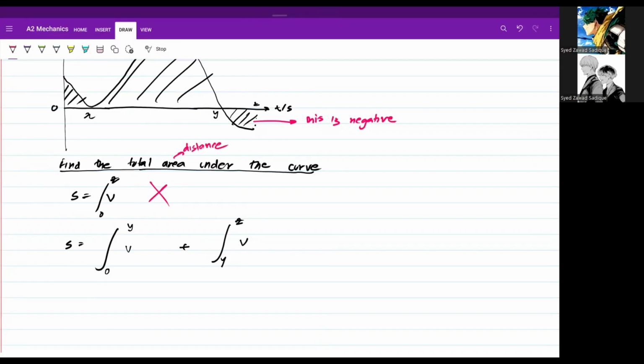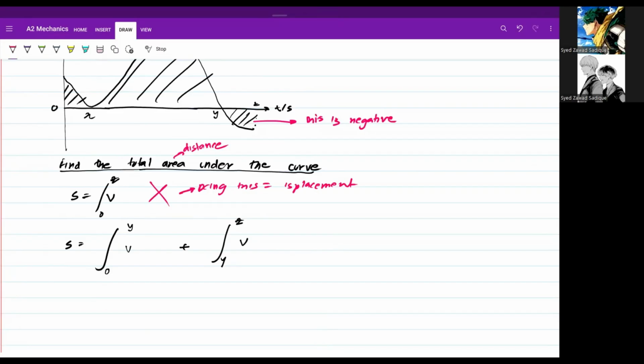Again, when it says find the total area under the curve, they mean distance. Doing this equals displacement. You don't want to find displacement. You want to find distance.